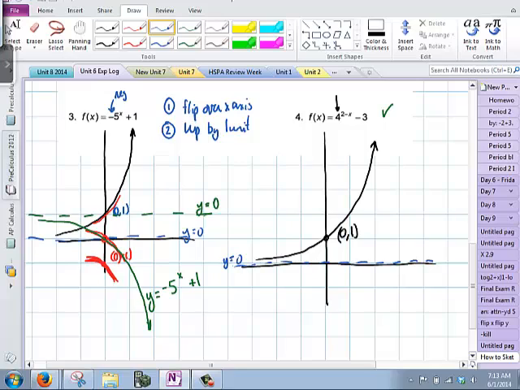And now when I identify what type of flips I have, I first see that because of that negative in front of the x inside the function, I have a y-axis flip. And I have 2 translations. I'm going down 3, and I'm going to the left 2.